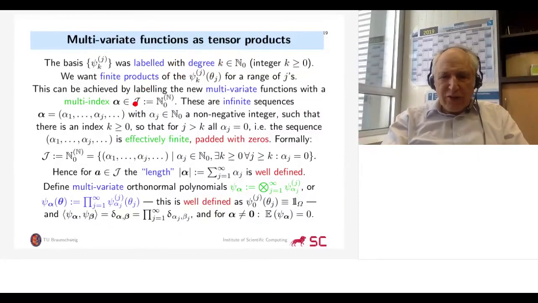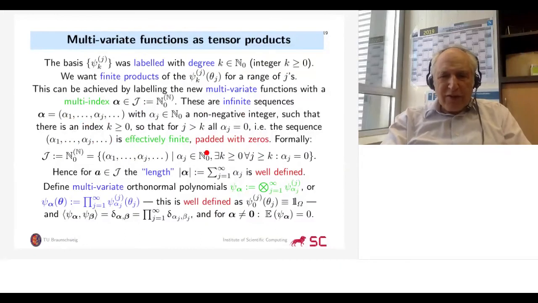A multi-index is a set of integers. Because we don't know how many integers there are, we make them formally an infinite sequence of integers. But the infinite sequence is trivially infinite because only the first finite section is non-zero, and then it's just padded with 0. So for instance, up to there it's non-zero, and then from j onwards, everything is 0.